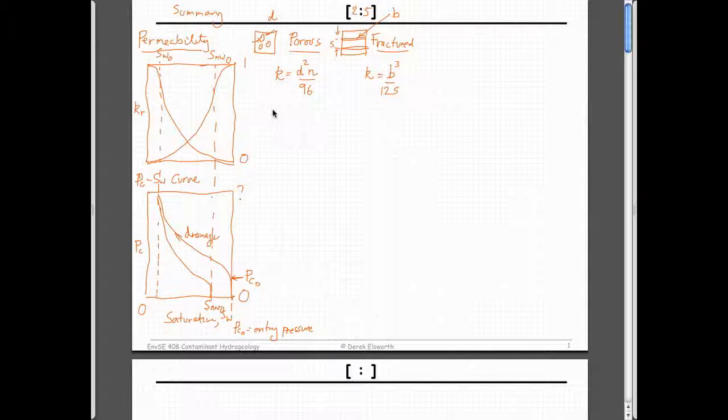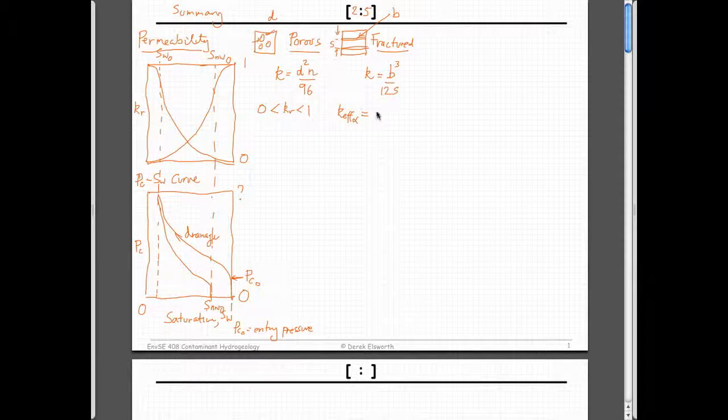We know that these relative permeability magnitudes, by definition, are greater than 0 and less than 1, in other words, on this curve here. And what we use it for is to calculate the effective permeability of a phase, and the phase would be water or oil or air, which we call alpha.